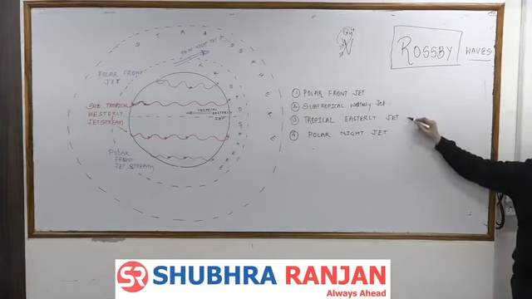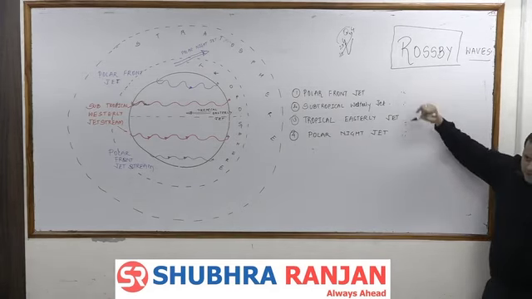These two are semi permanent or irregular. These two are main jet streams, regular jet streams.